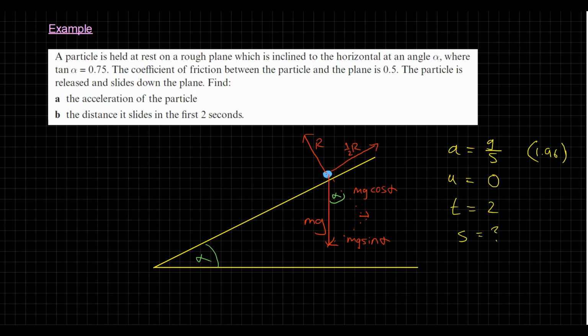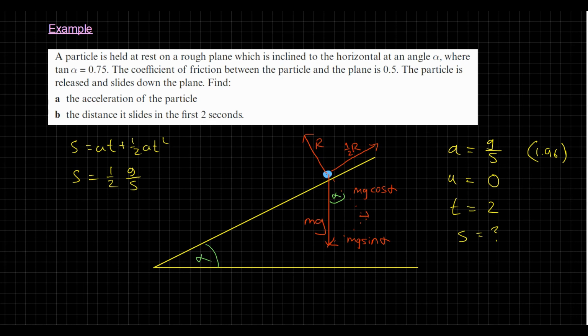In this case, s equals ut plus half at squared, which in this scenario, when u is 0, that's great because that gets rid of the first term. So we just end up with a half times a, which was g over 5. It's not a 9, that's a g.